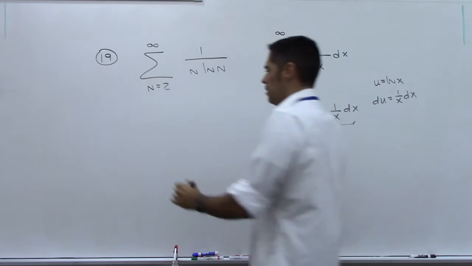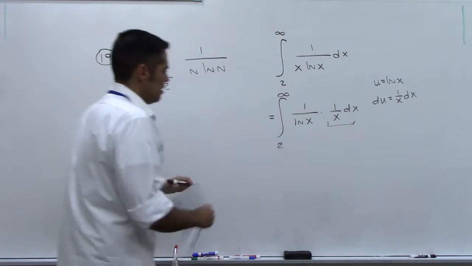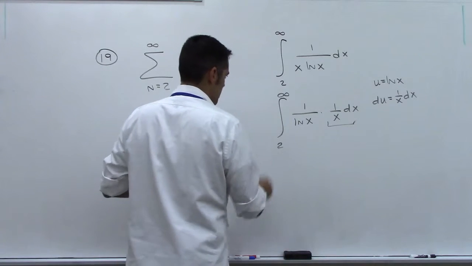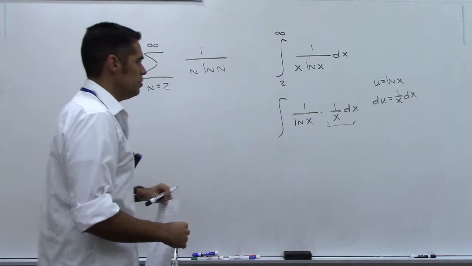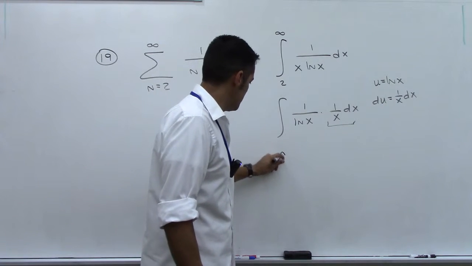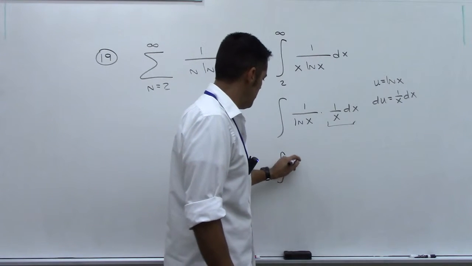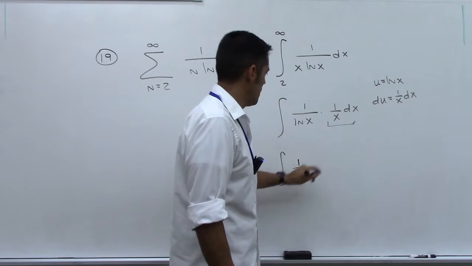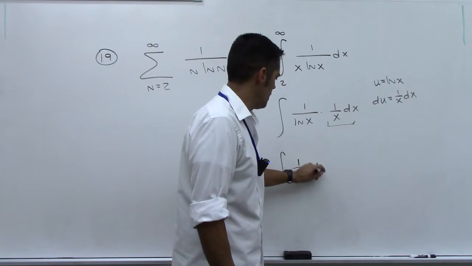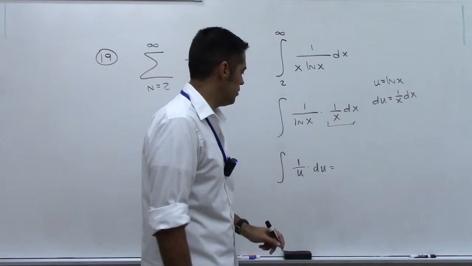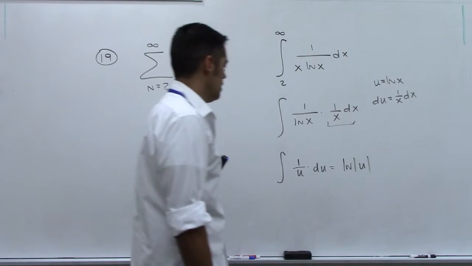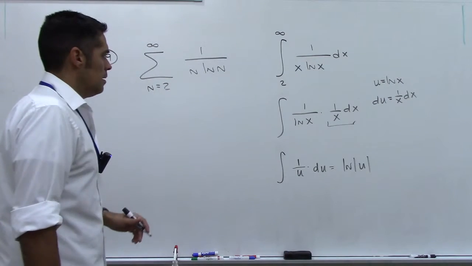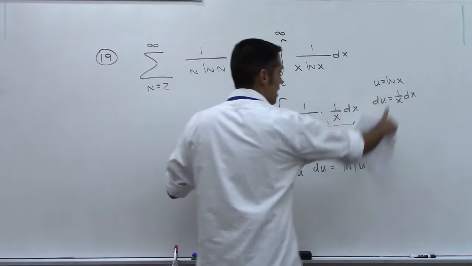So this integral becomes, actually, you know what? Let me do the indefinite integral first because I'm going to switch it to u. So this integral becomes the integral of 1 over u du. And the antiderivative of 1 over u du is natural log of the absolute value of u, plus a constant. But what was u? u was natural log of x.